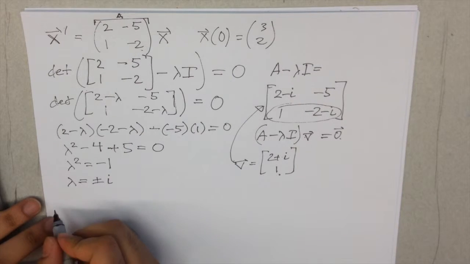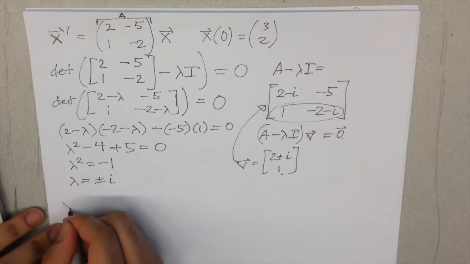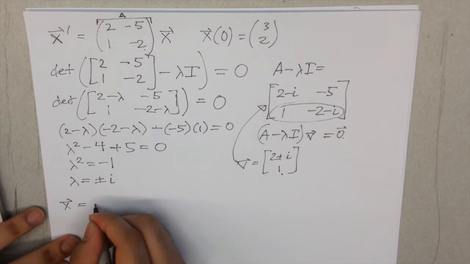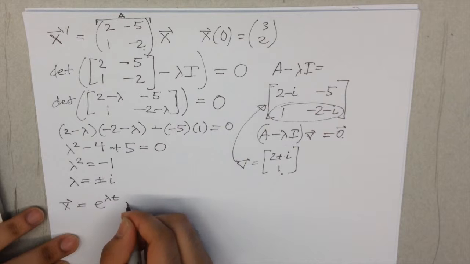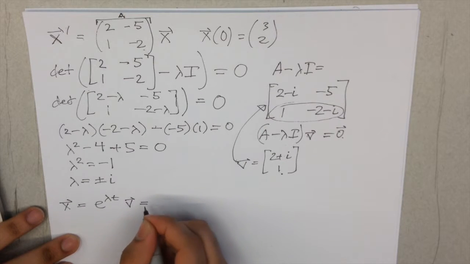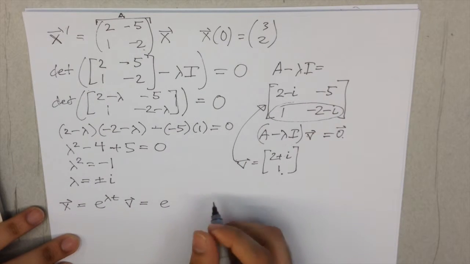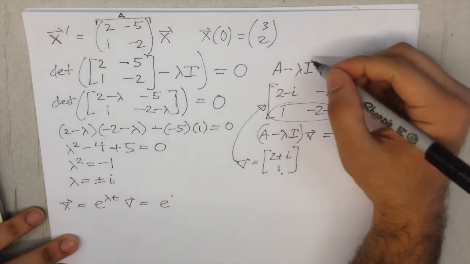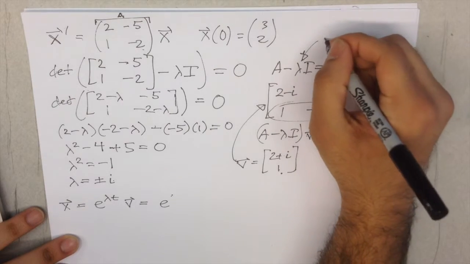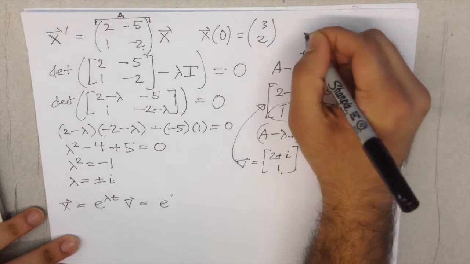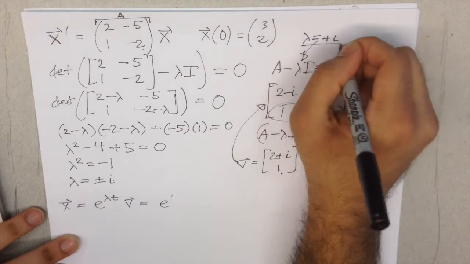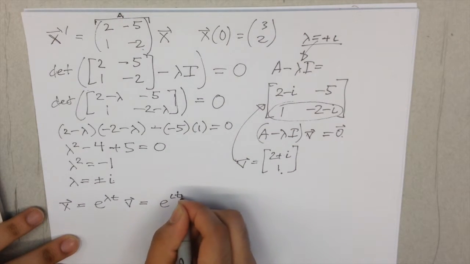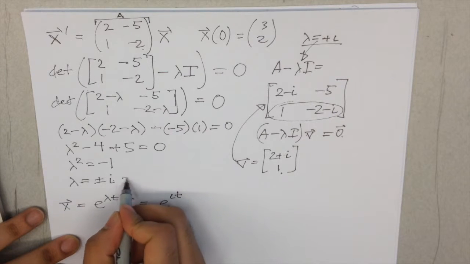Now what we have to do is plug into the following formula: e to the lambda t times the eigenvector V. For my lambda here, I picked positive i. Lambda is equal to positive i. Here, I'm putting i t because I picked that eigenvalue, so I need to make that clear.